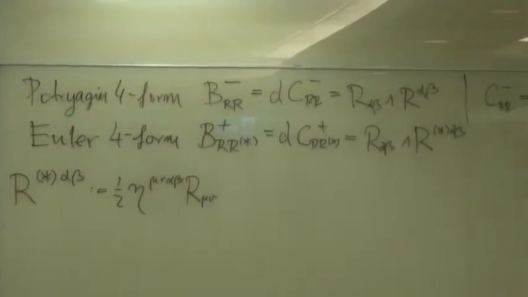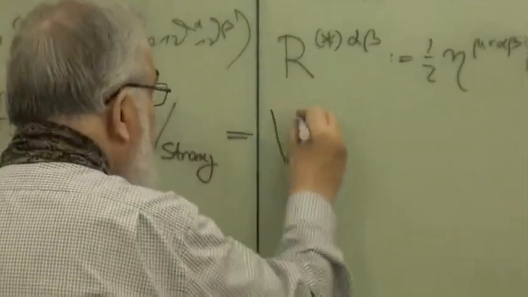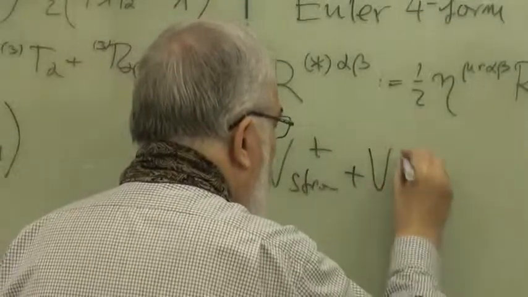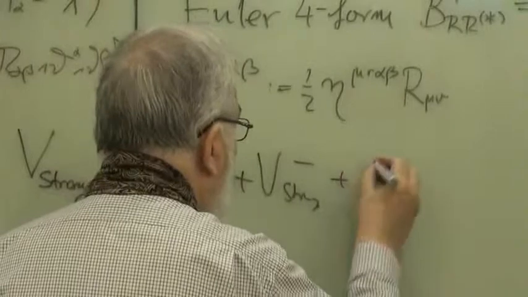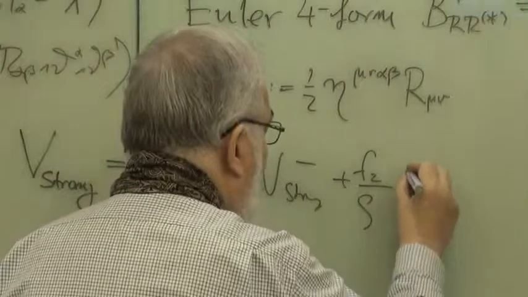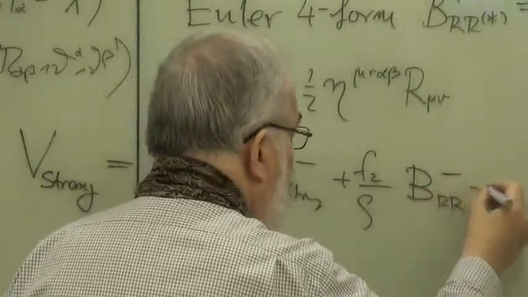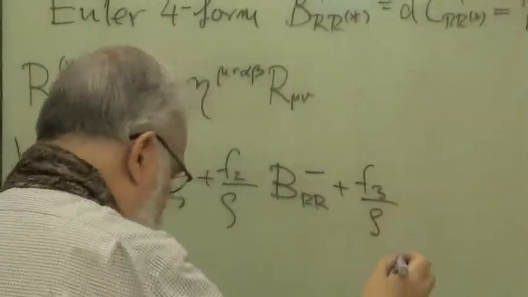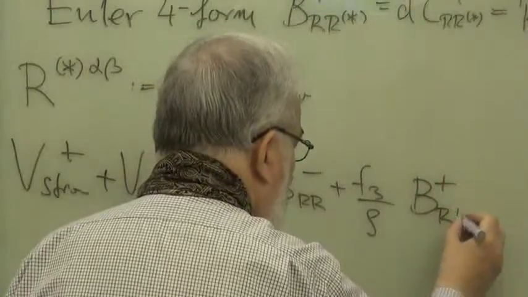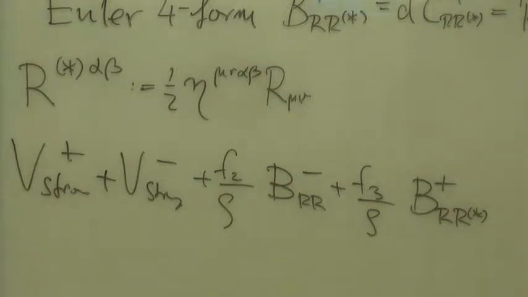So we have V strong gravity, the whole strong gravity piece is V strong plus V strong minus plus F2 over rho, Rabi constant, times the boundary term RR, this is the Poincaré term, which is minus, plus F3 over rho times the boundary term from the Euler. Euler is parity positive, R V star.